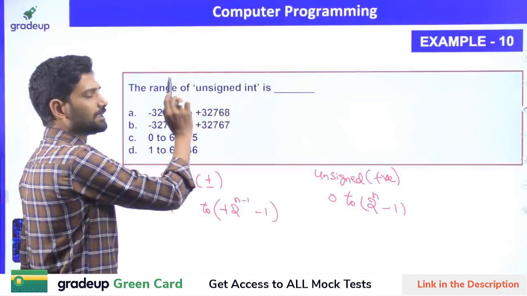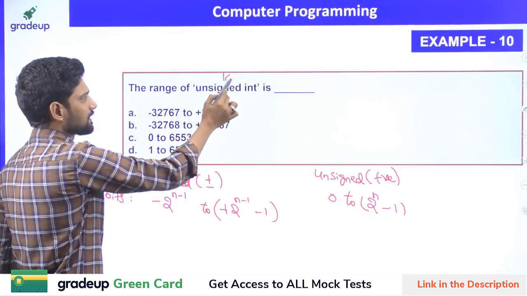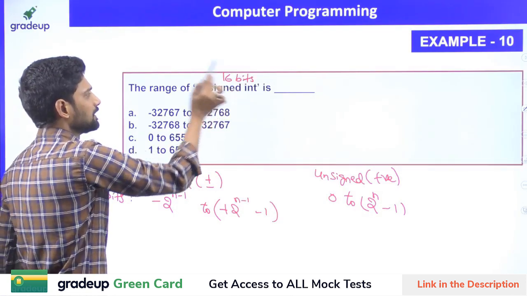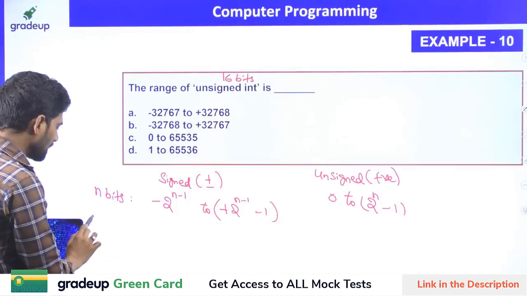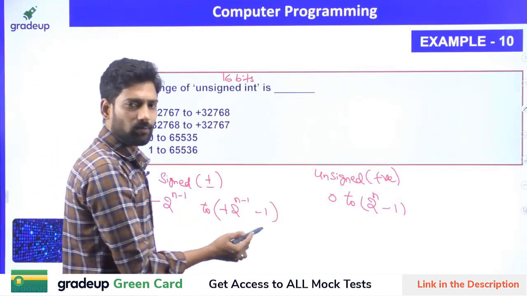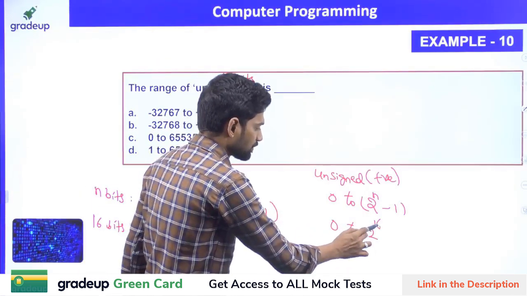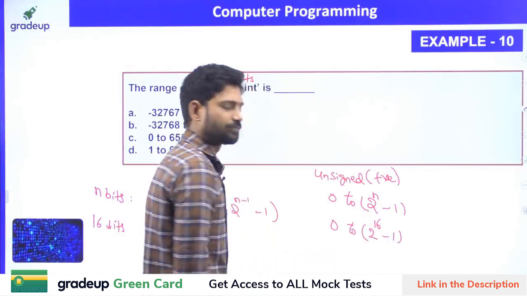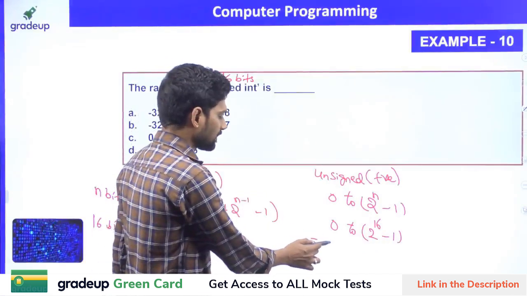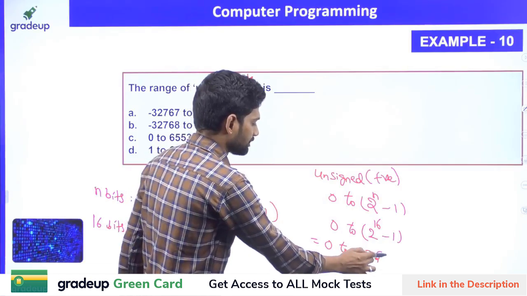Here unsigned int. So int normal capacity is 2 bytes or 16 bits. So what is n? 16 bits. So for unsigned, what would be the range? 0 to 2 raised to 16 minus 1, that is 65,535.